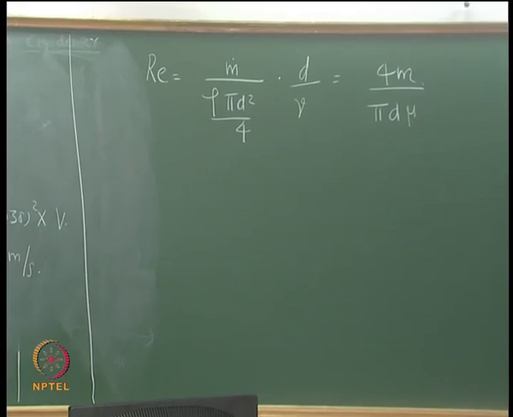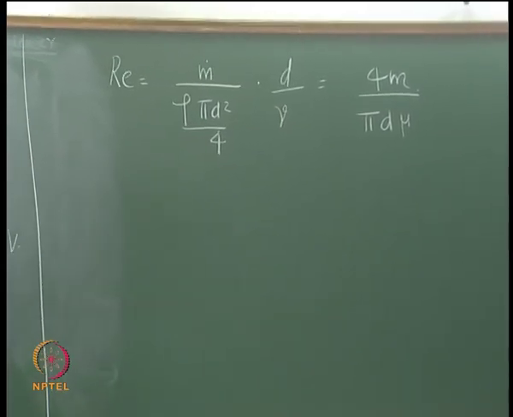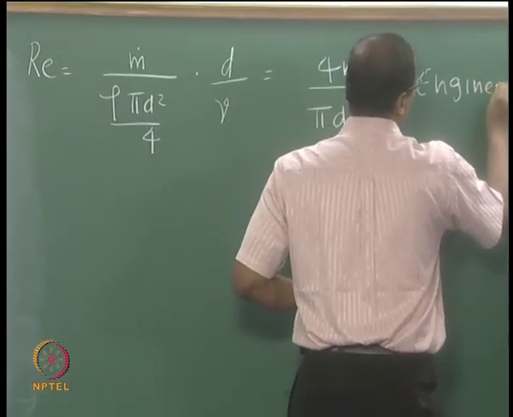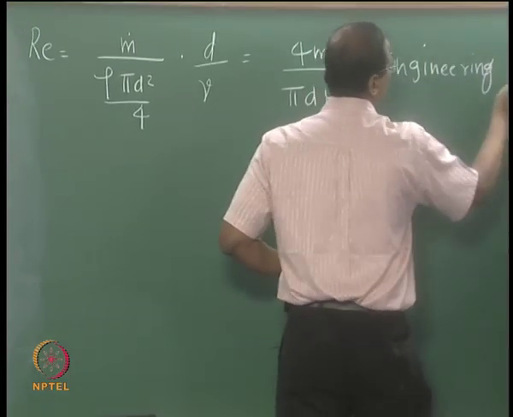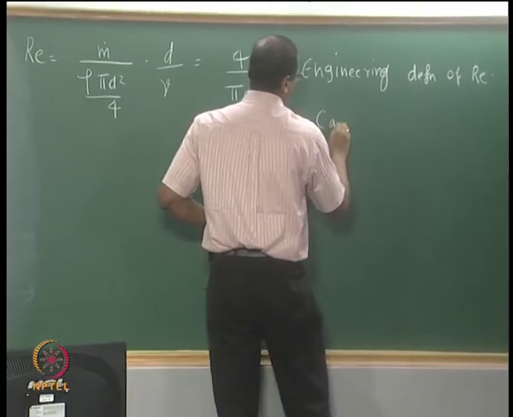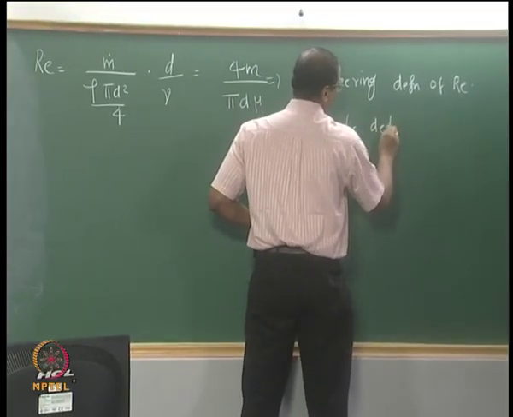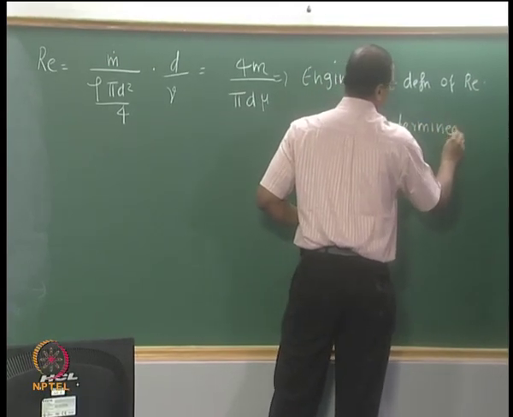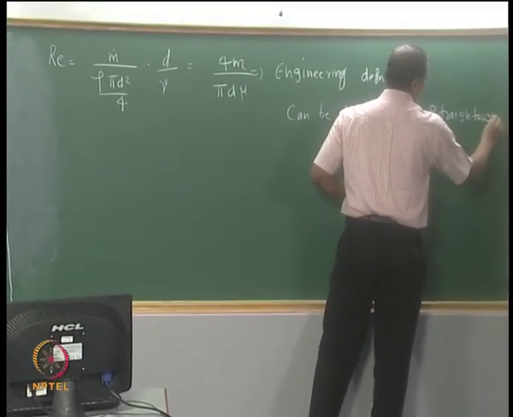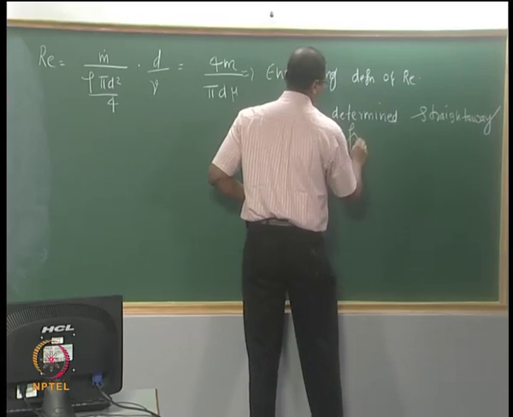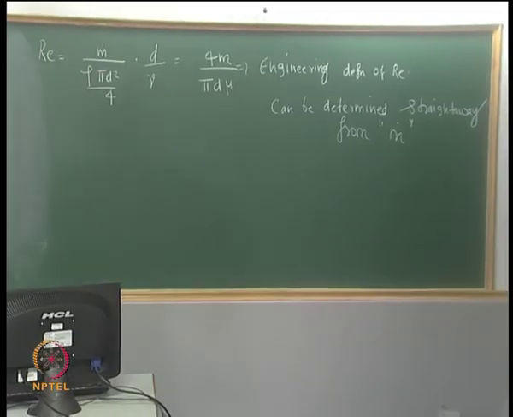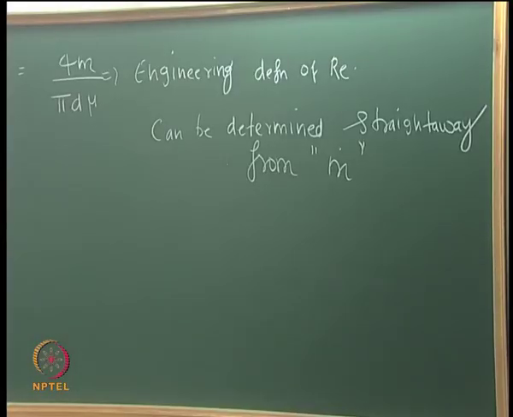So why am I writing the same thing in different ways? This is the engineering definition of Reynolds number. No need to go through the intermediate step of determining the velocity.